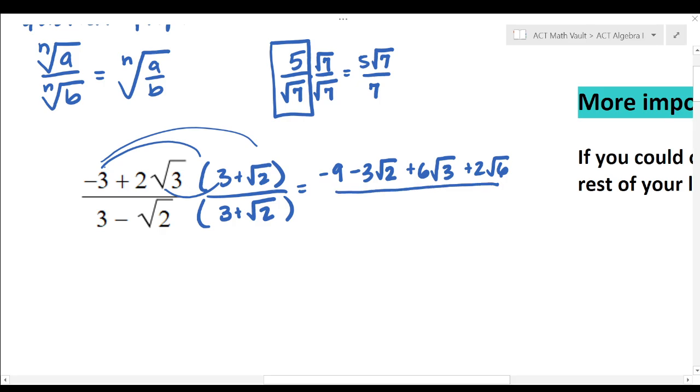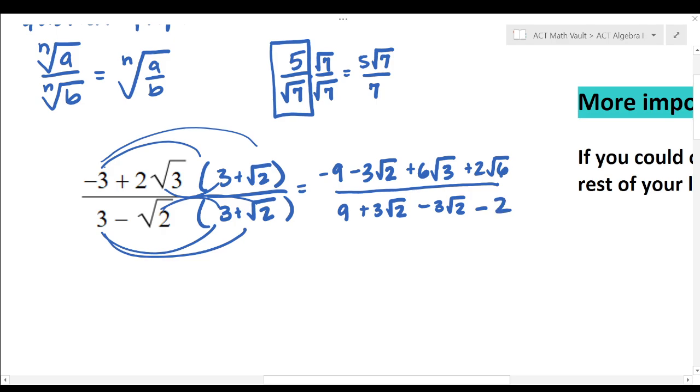There's going to be something interesting that happens on the bottom, though. 3 times 3 is 9. We then have a 3 root 2 minus 3 root 2. And then minus, that would be root 4, which is the same thing as 2.